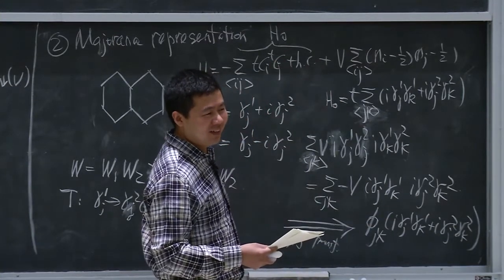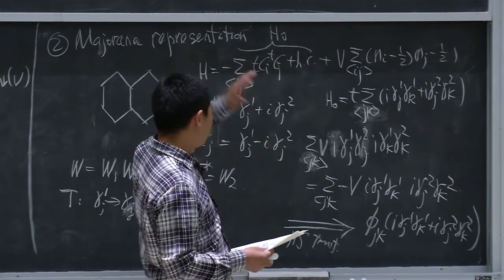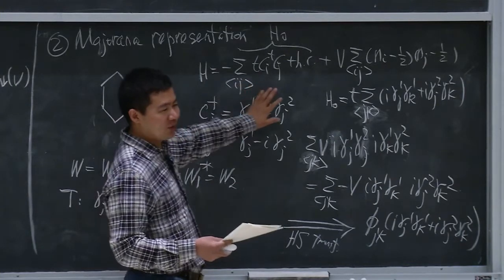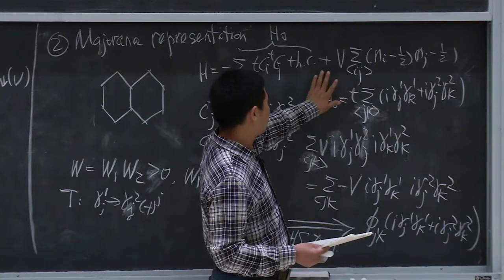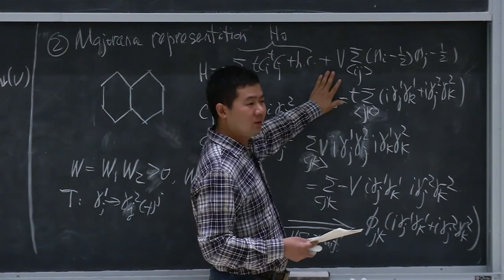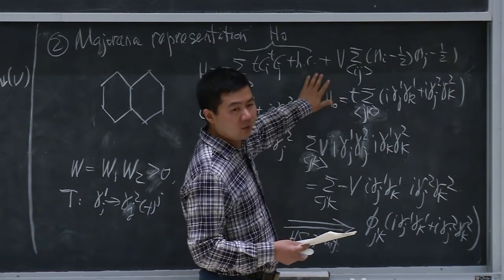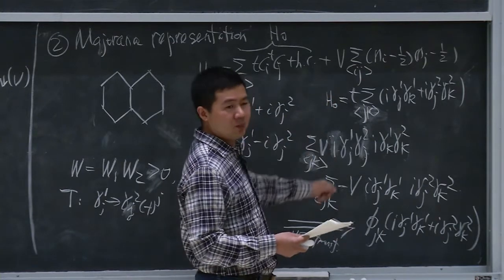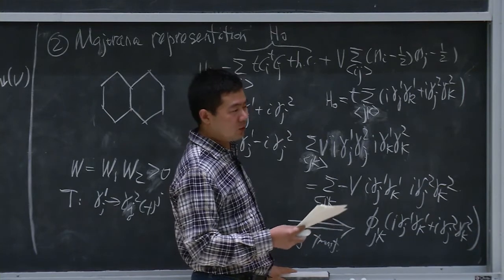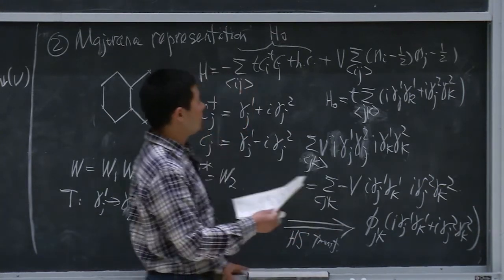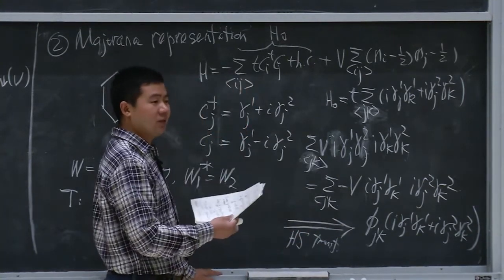Actually, the original motivation for me to study this spinless fermion model is to study the attractive side. Because for the attractive interaction, the system will go to some superconducting phase. And from mean field calculation, that superconducting phase is a pair density wave.